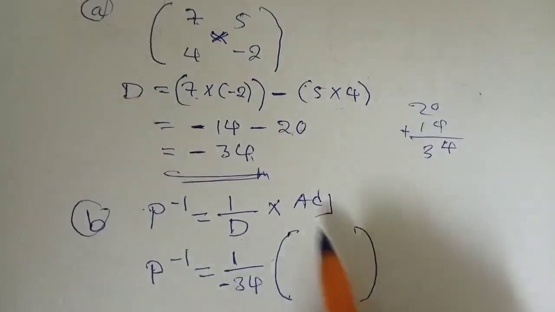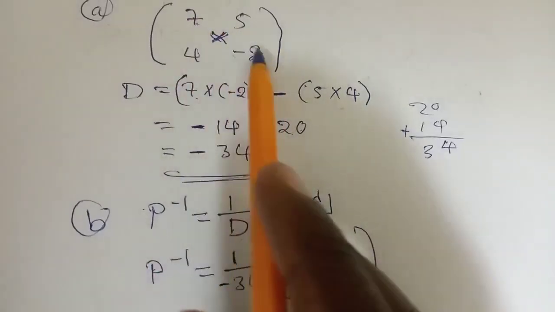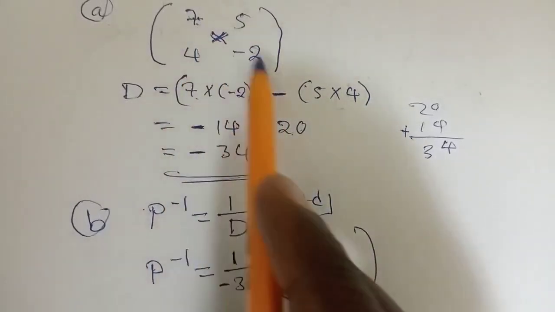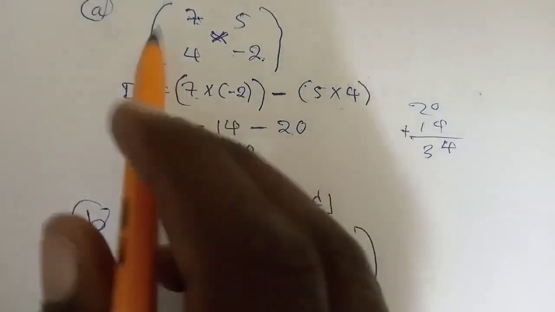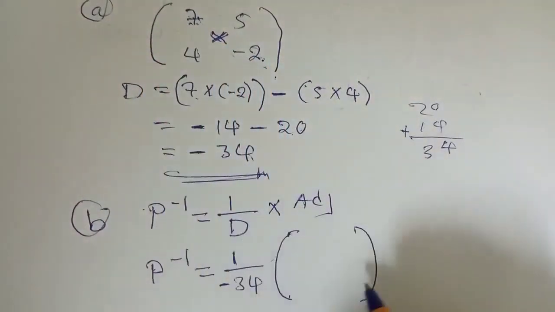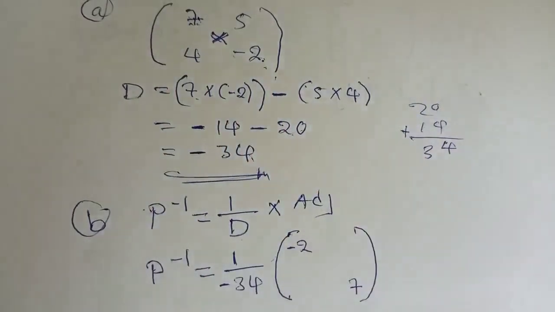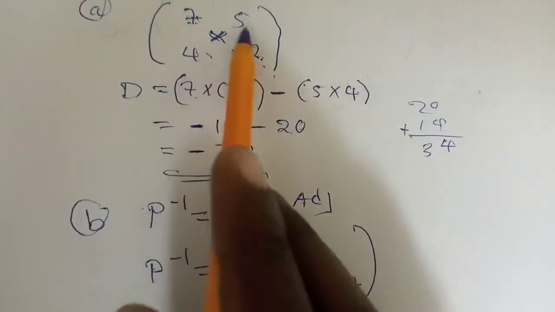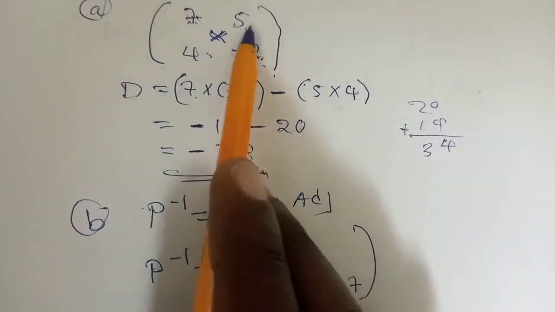In the adjugate, we said these two swap their positions. So this 7 will come here, and this -2 will come there. Then for these other ones, if the number was positive it becomes negative, and if negative it becomes positive.